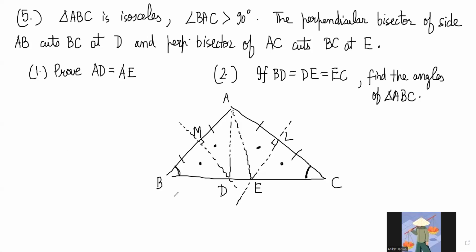And sir, since angle ABD is equal to angle ACE and similarly angle DAB is equal to angle EAC, and these angles are equal, then the congruent 90 degrees is also there, sir.